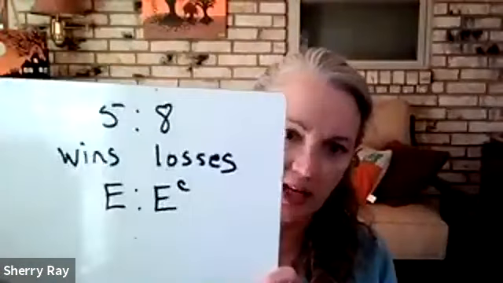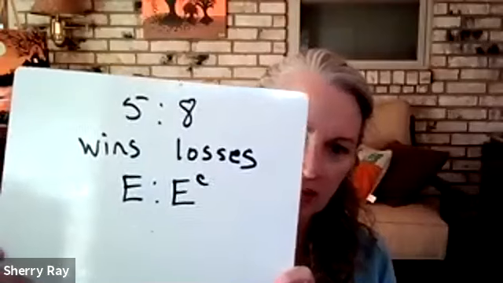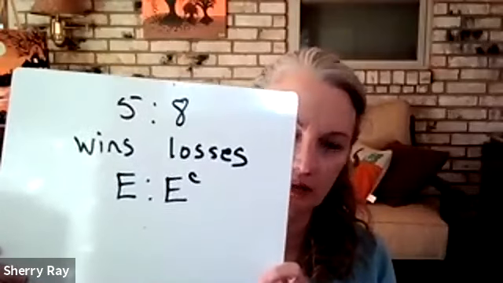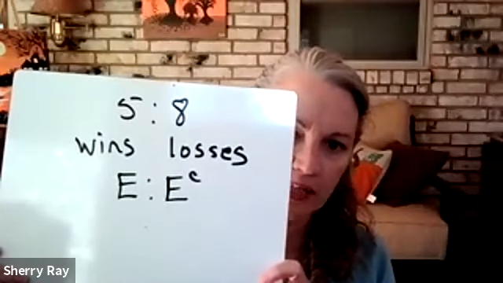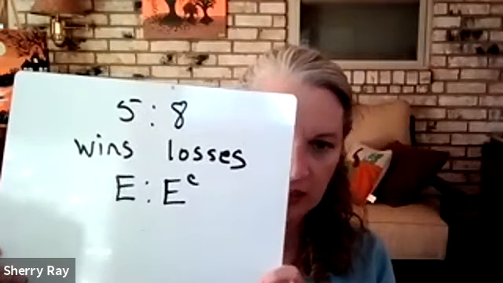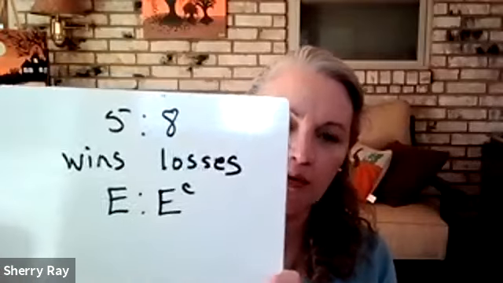And usually when we talk about odds, we're comparing an event to the complement of the event. A complement is what's not happening. For example, if you're not winning, then you're losing. So these are odds. Now with probability, that's a little different.